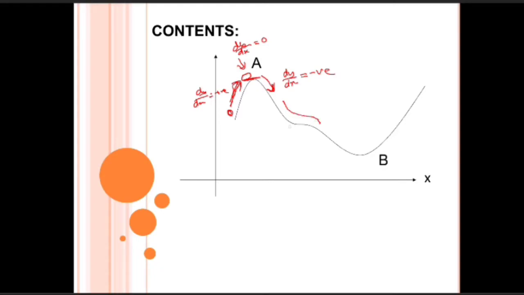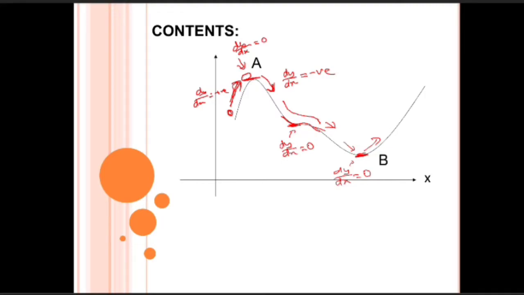Here it is also a stationary point because the ball will stop for a while before it continues to go down. So here the gradient is also 0, and at B the ball will stop for a while before it moves again. So this is also considered a stationary point where the gradient is equal to 0.